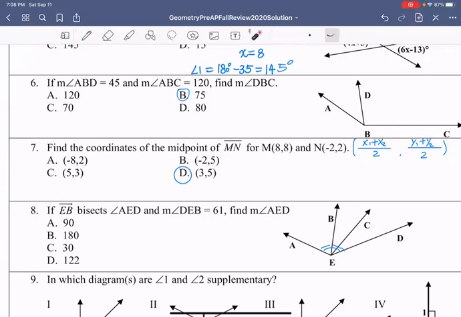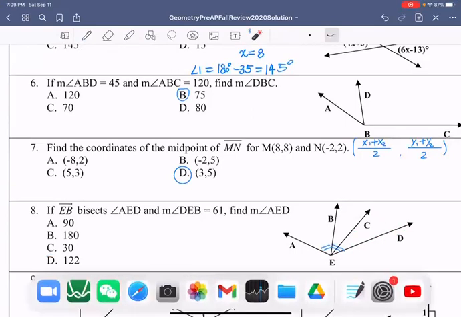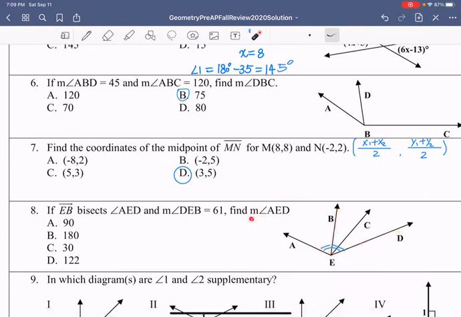So BE bisects AED, these two pieces are equal, right? Now DEB is 61, so this piece will also be 61. And now AED should be how much? 122. There you go. Very good.